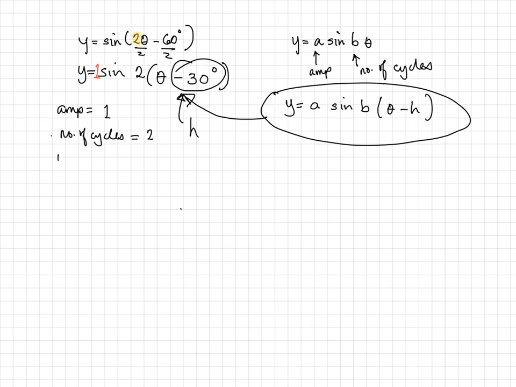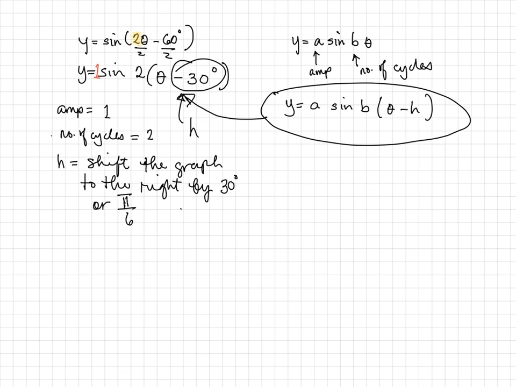What does that mean? H in this case is shift the graph, so the whole graph, to the right by 30 degrees or pi over 6.